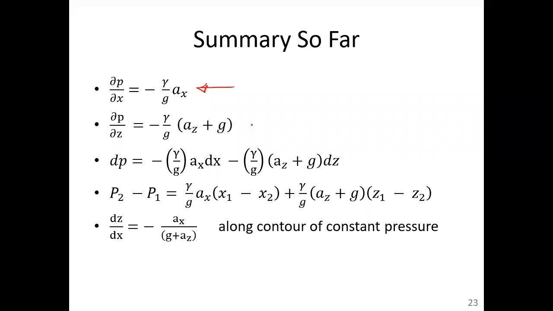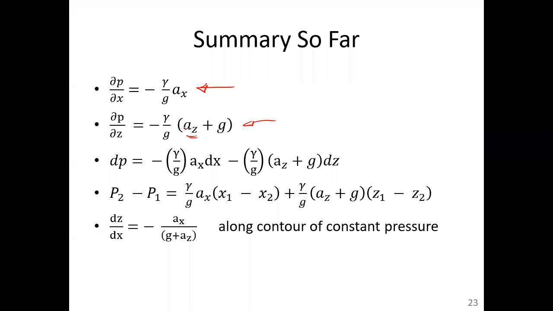Likewise, if there's vertical acceleration, what that does is change the previous pressure distribution we had for fluid statics, P equals gamma H. If there's upwards acceleration, you're going to be increasing pressures over what normally you had.